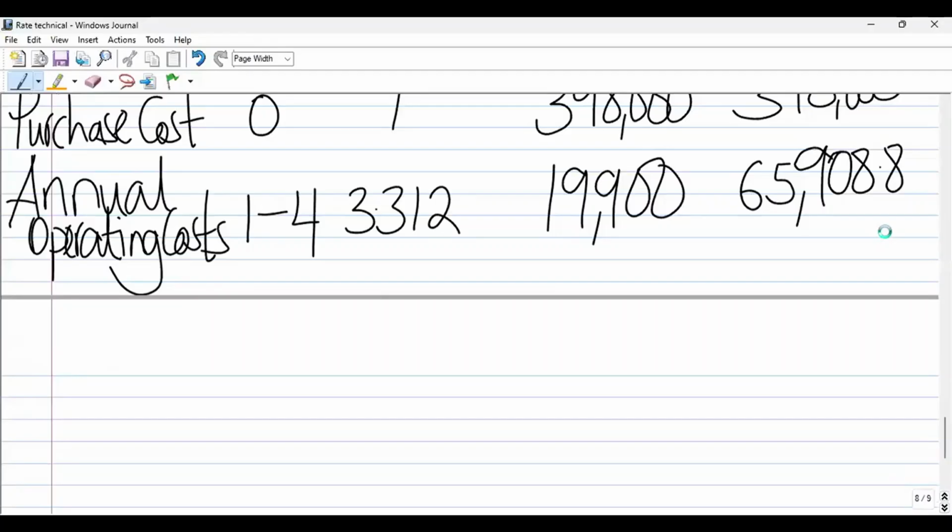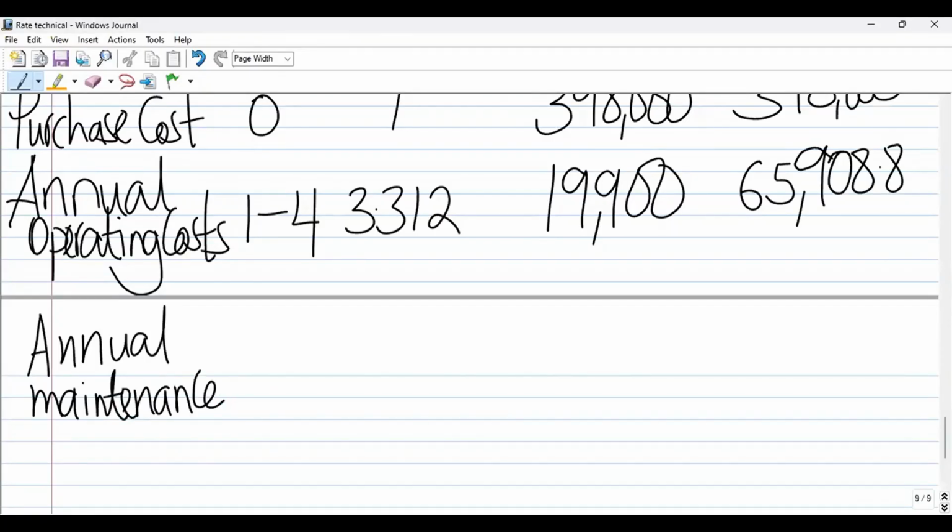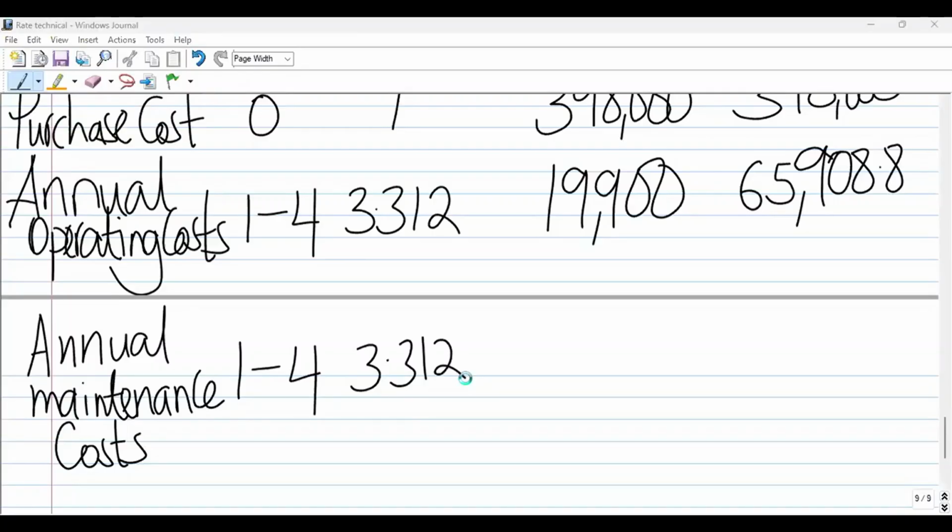Next, we have annual maintenance costs. So annual maintenance costs, still year 1 to year 4. We still have the same discounting factor. The amount is 29,850.